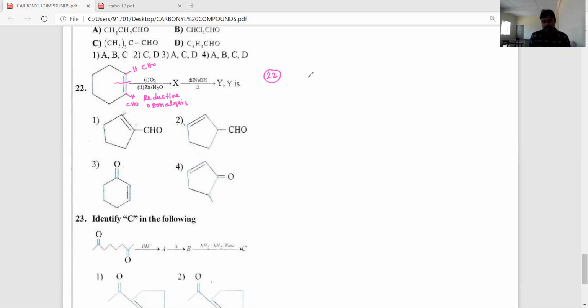So the resultant product X is 1, 2, 3, 4, 5 and 6. 1,6-hexane diol.